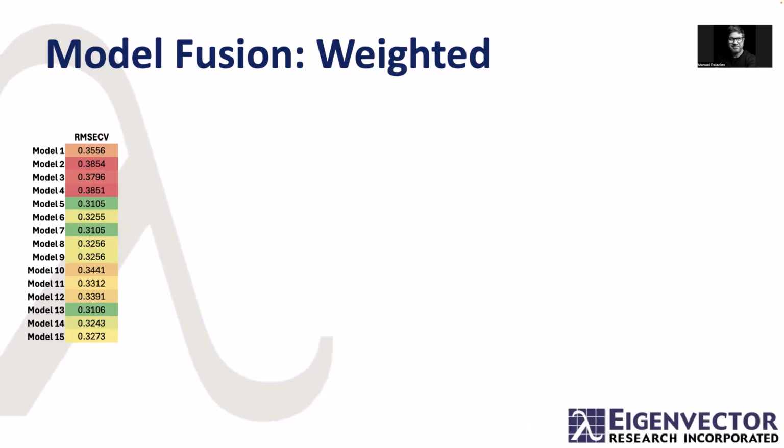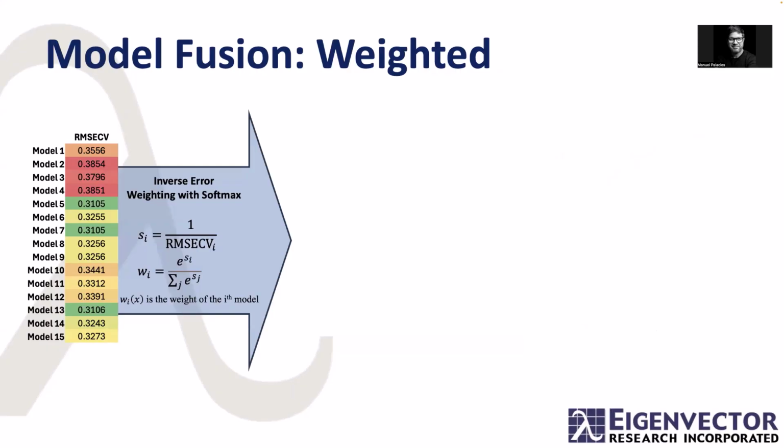All right, these are other ways that we can add up the predictions of the model ensemble. We can fuse them also by weighting them. In this case, we are just going to use the inverse of the cross-validation error, calculate that, and then apply softmax.